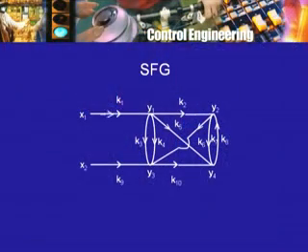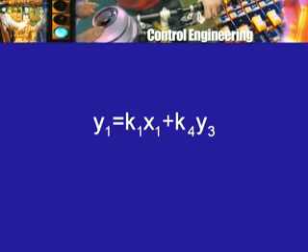So, we have y1 equal to k1 x1, because that arrow is coming in from x1 with a transmittance k1, plus I have this term coming from y3, k4 y3, and that is all. I have just these 2 terms coming in for y1. So, the equation for y1 is y1 equal to k1 x1 plus k4 y3.